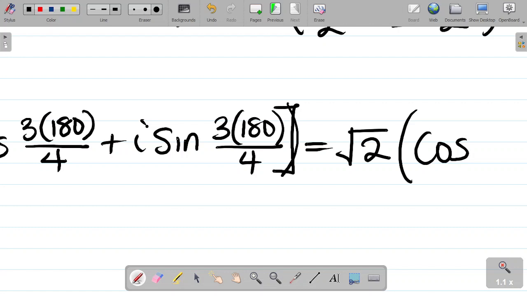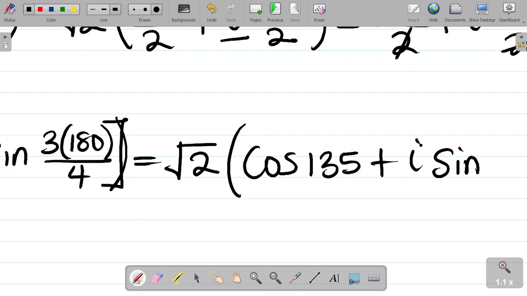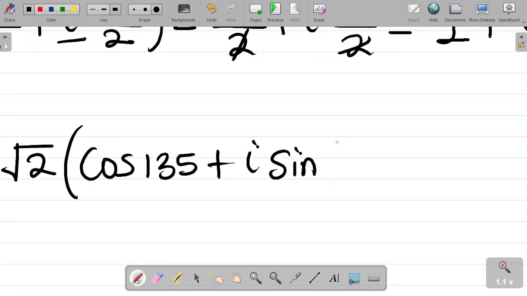Let me get my calculator. 3 times 180 all divided by 4, and what you have there is 135. So cos 135 plus I into the same thing here, sine. We said we have the same thing there. That's 135.